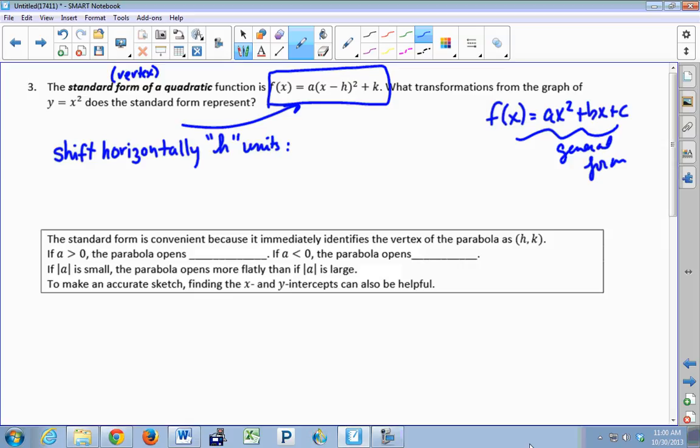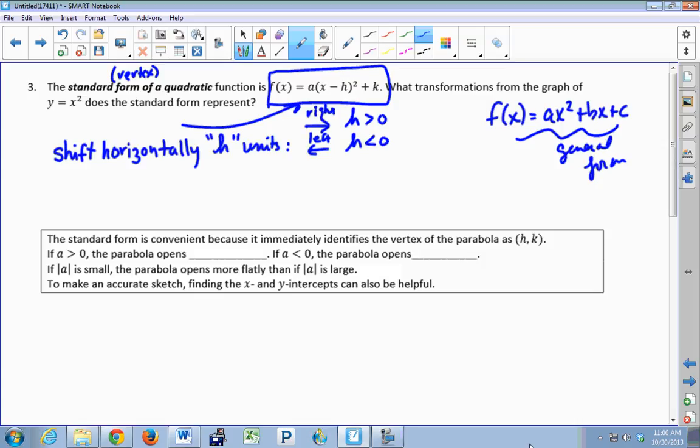If h has a negative value, then it would be shifted left. So it's going to shift horizontally h units, and to determine which direction, it's going to shift right if h is positive, and it's going to shift left if h is negative.